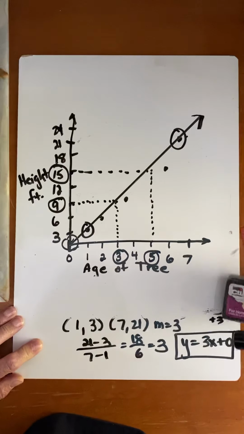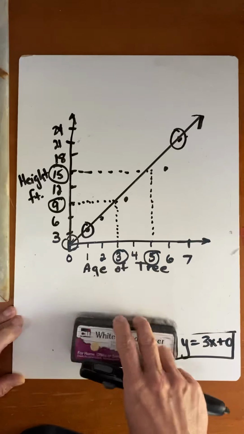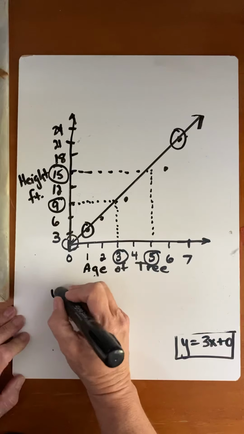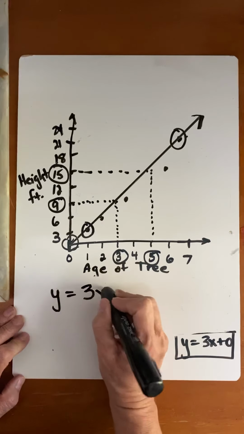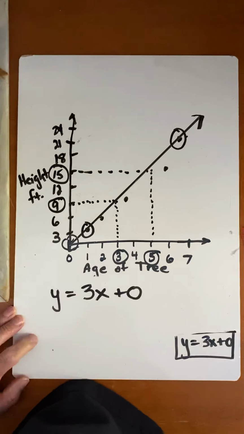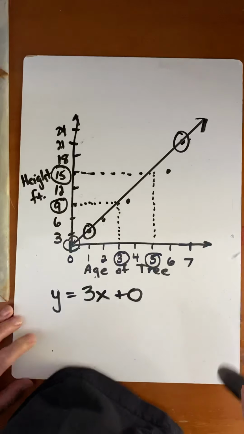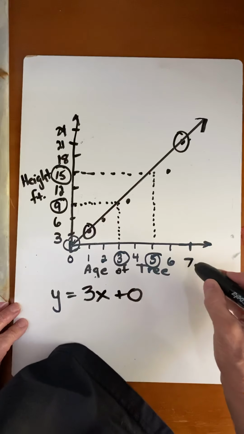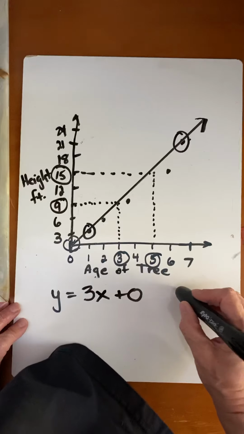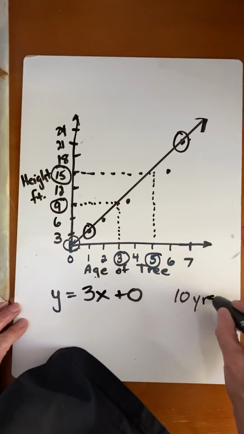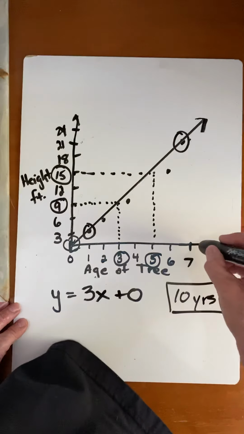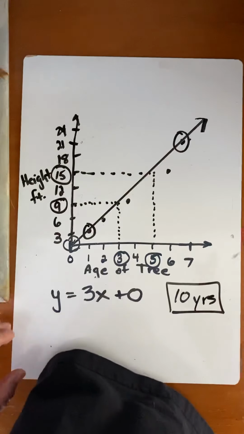Now, extrapolation you use when it's outside the known data range. And when it's outside the known data range, you use your equation. Suppose I wanted to know, well, what would the height of the tree be at 10 years? Okay, well, is 10 years on my graph? No, it's not. It's extra.